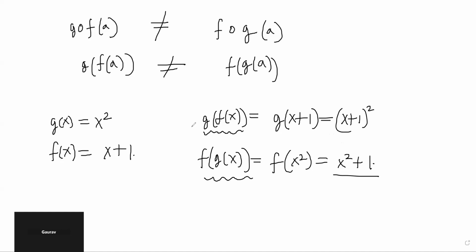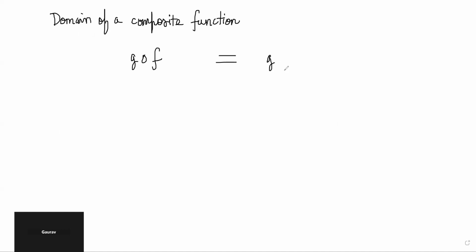When you think about the domain of a composite function, let's say g of f, so basically g of f of x, it is not enough for x to be in the domain of f. First condition is x should belong to the domain of f.